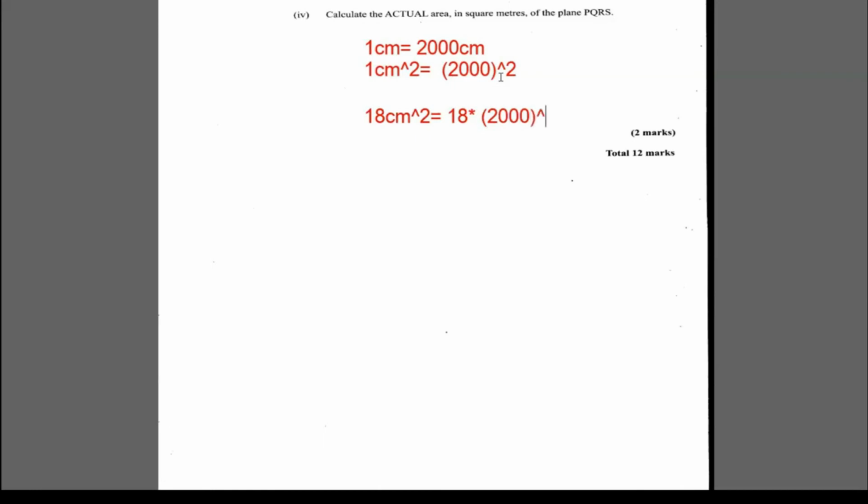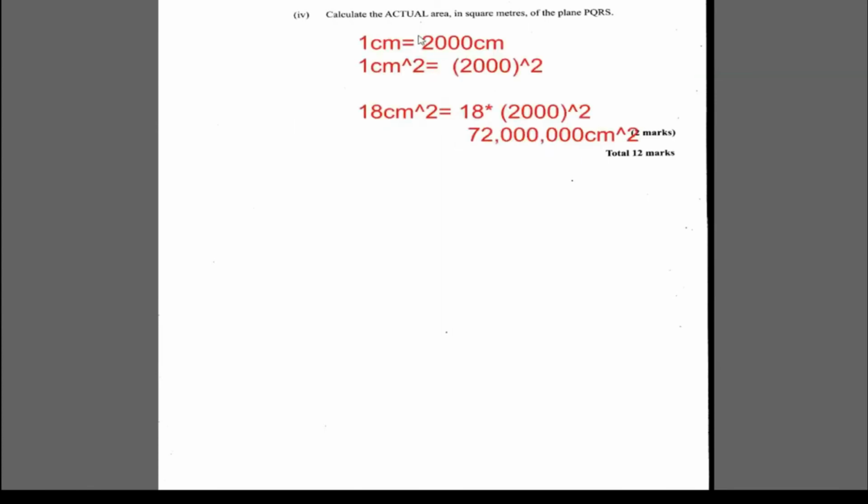So work out 18 times 2,000 square. That's giving me 72,000, and that's 72,000 centimeters square. All right, that's what we're getting.